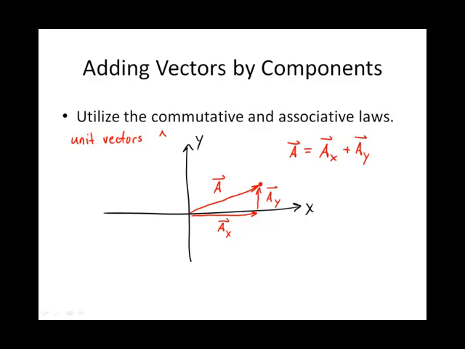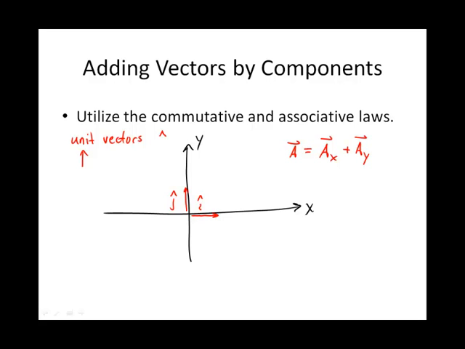So the unit vector in the x direction is going to point to the right, and I'm going to label that unit vector i hat. And the unit vector in the y direction, I'm going to label that j hat. Now because they're unit vectors, that means they have a size or a magnitude of 1. Not 1 foot, not 1 inch, just 1. There are no units attached to the unit vector.